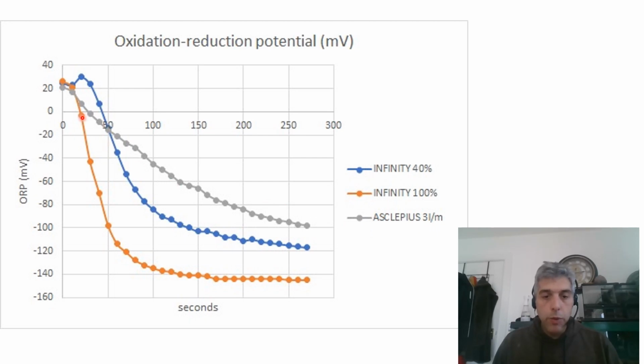And what the experiment showed is that over seconds, the ORP going negative actually then reduced to a lower level, and actually quicker than a machine that was doing a much higher flow rate.